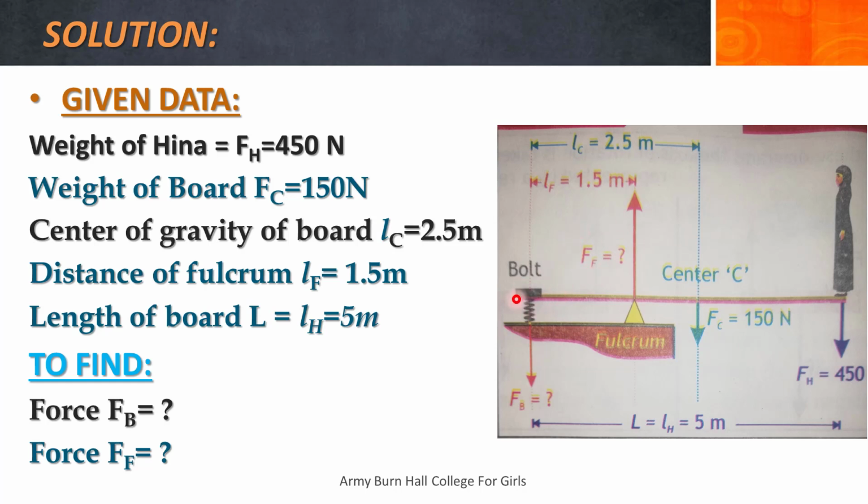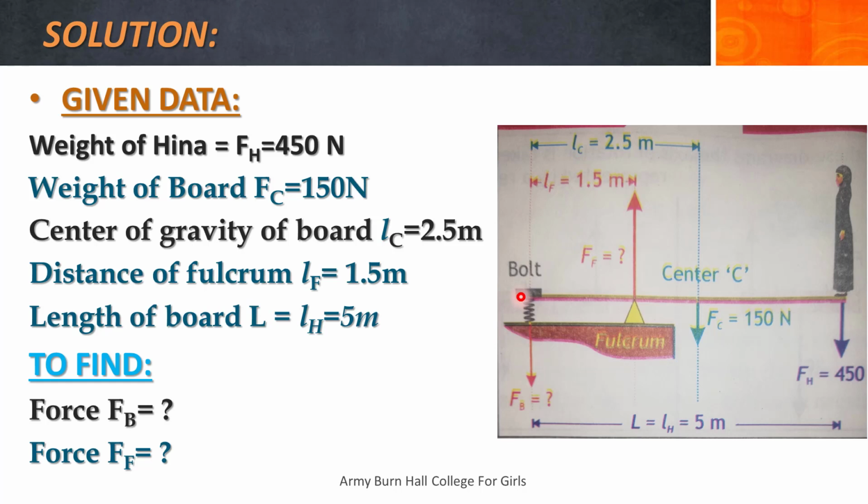So let's check out how we are going to do that. The first point is we have to consider an axis of rotation, and right now let's say we are considering the axis of rotation at this point, at the bolt. It's up to us which point we consider as the axis of rotation, it doesn't matter.